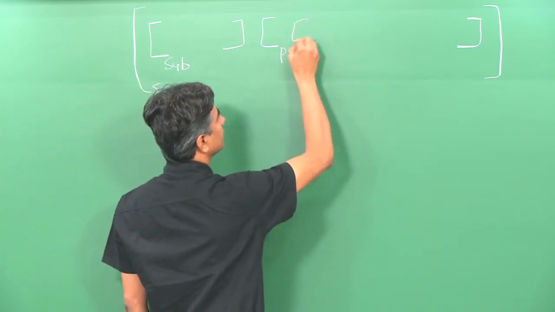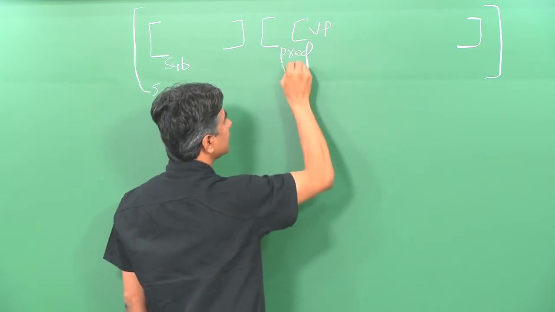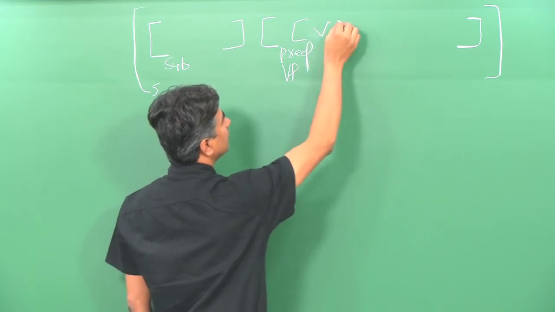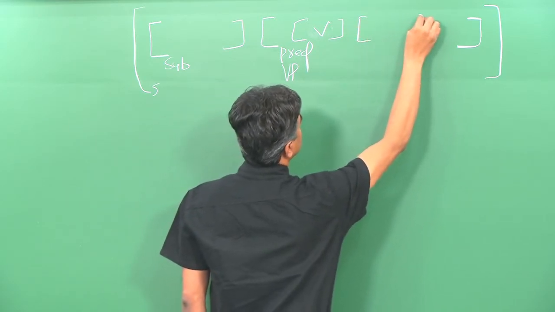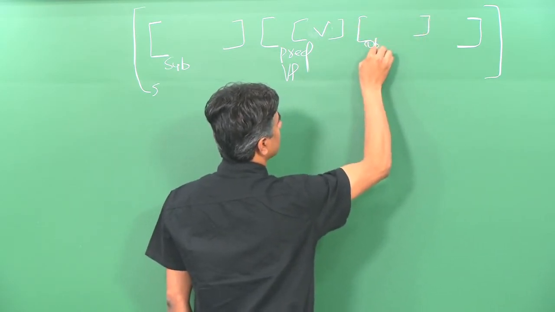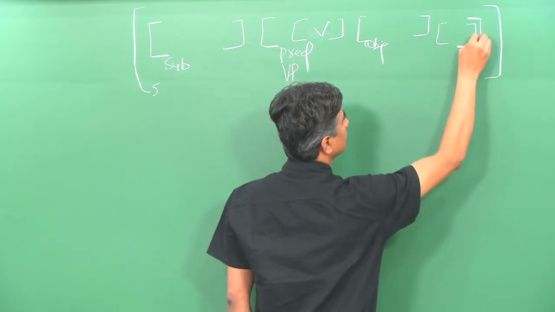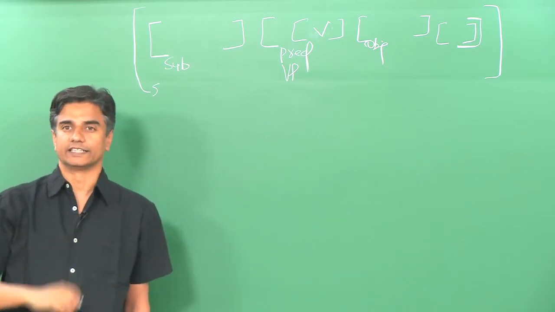Within the predicate we have a VP. The predicate is also known as VP, and within the predicate we have a V, and then this V decides whether it will have an object or not, and then it may have some of the things which are not objects.